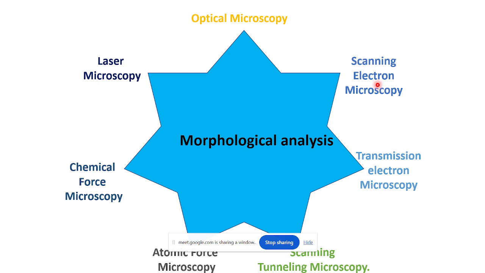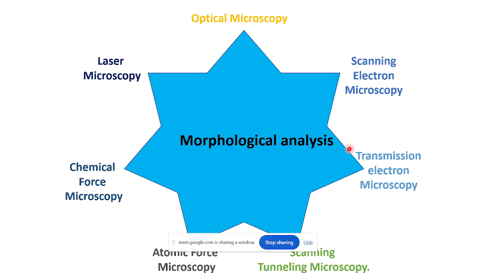So first one is scanning electron microscopy, that is SEM. The second one is transmission electron microscopy, that is TEM. There is scanning tunneling microscopy, that is STM. Atomic force microscopy, that is AFM. Chemical force microscopy and laser microscopy.